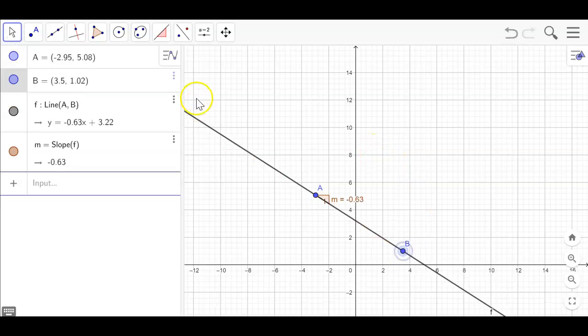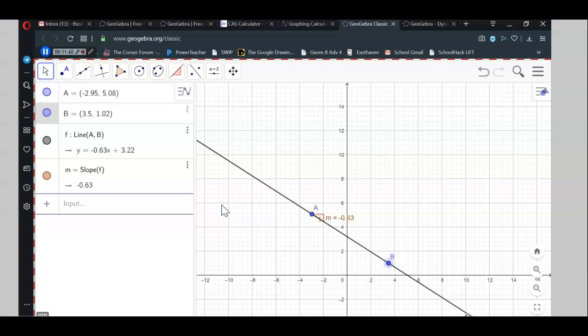Negative slopes, think of them going downhill. So then what we would do is say we're going down, and oops, went too far down here. So this is a negative rise. So the delta y, the vertical change, is negative.